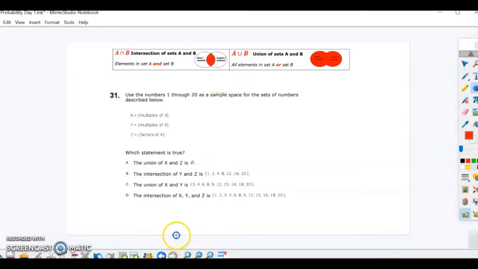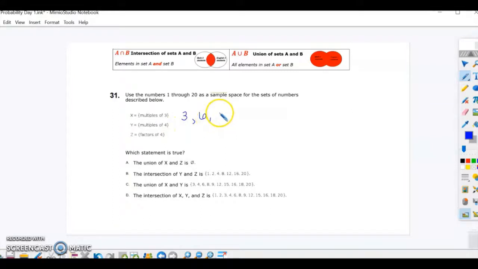And next, use the numbers 1 through 20 as a sample space, so that means possible outcomes, for the sets of numbers described below. X is going to be a set of multiples of 3 between 1 and 20. So we're going to list out the multiples of 3. Y, we're going to list out the multiples of 4.